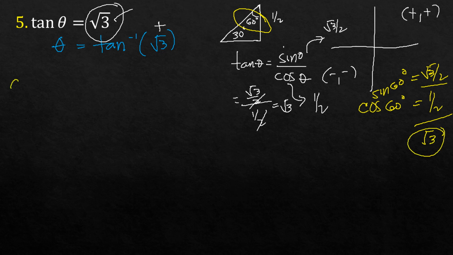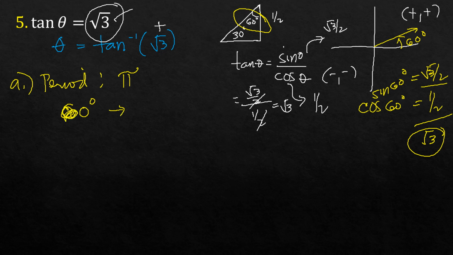Therefore, on the period of tangent, we know that the period of tangent is just pi. Okay, now on quadrant 1, we have the first solution, which is 60 degrees. 60 degrees is also equal to pi over 3 in radians.